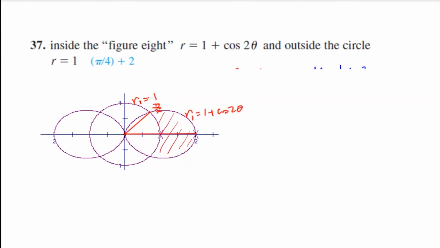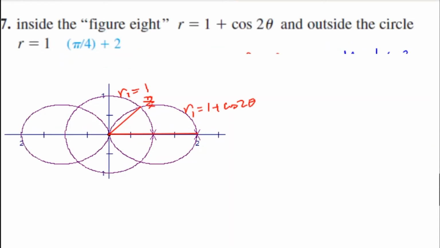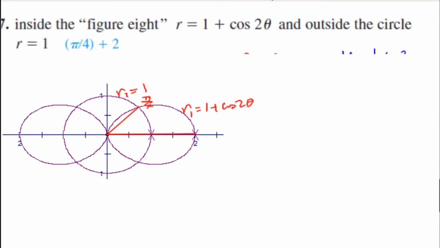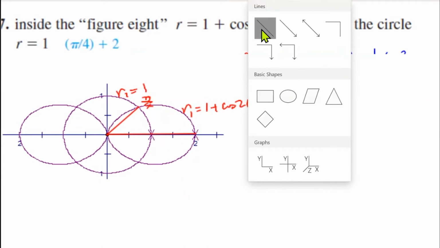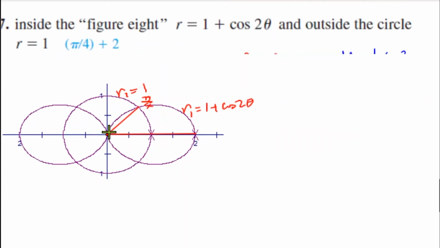Okay, then, let's just think. If we are drawing this triangle, let me zoom in and actually try to draw one for you. I can draw it looking like this.